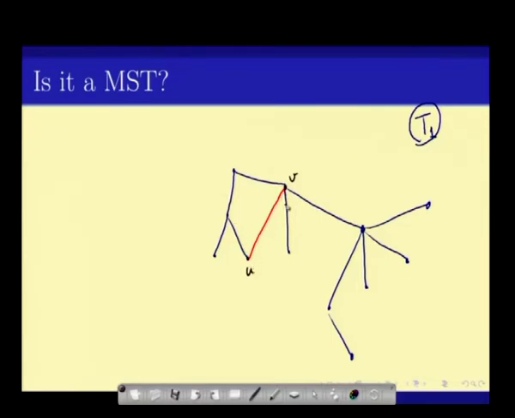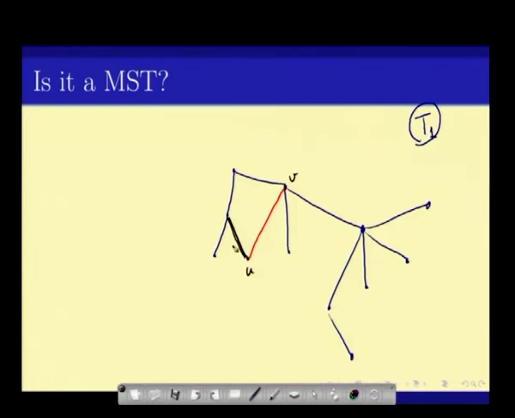So, in Prim's algorithm, one of the edges on this path must have been possible for selection. Let us say I have chosen this red edge over this black edge because this red edge had a smaller weight than the black edge.